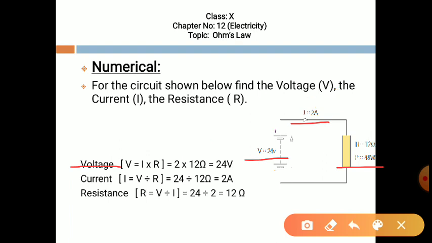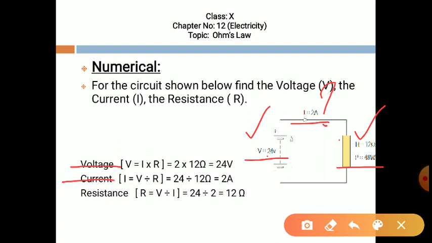And what if you are supposed to find out current, and voltage and resistance are given? Then I is equal to V by R. Then 24 divided by 12, 24 is voltage and 12 is our resistance. We get 2 ampere.